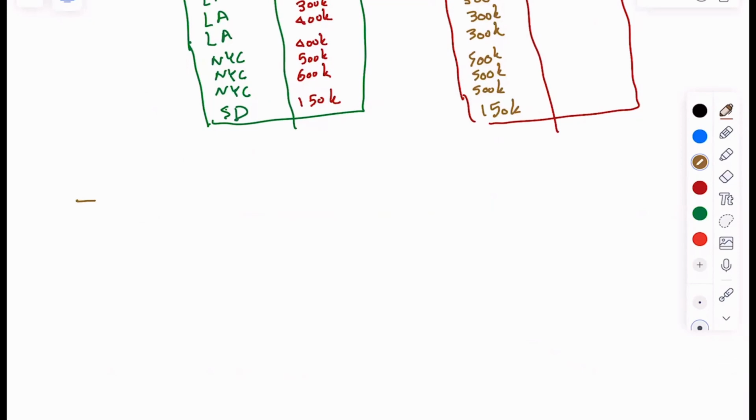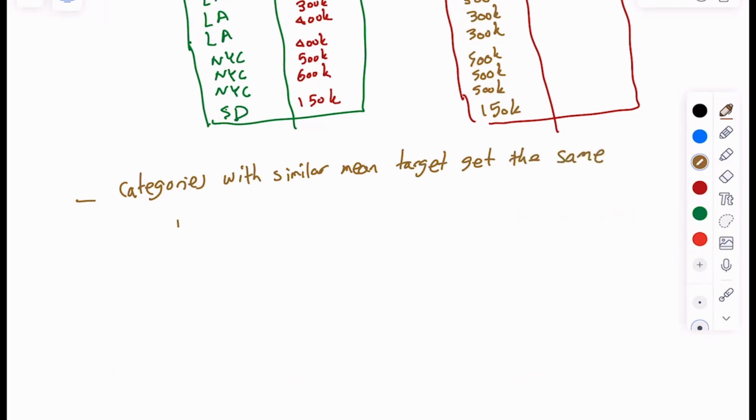Another problem it has is that categories with a similar average or similar mean target get the same importance.